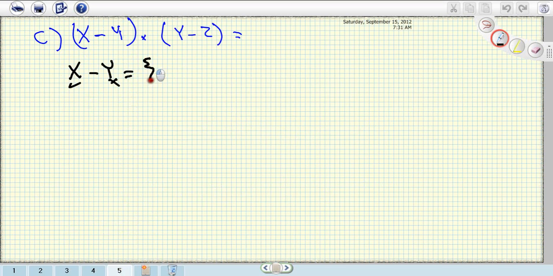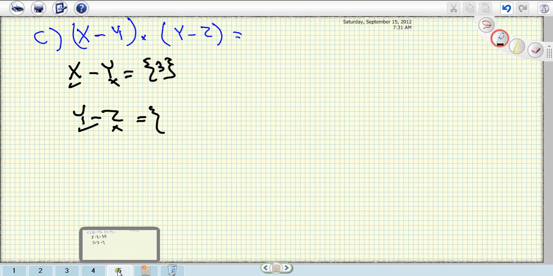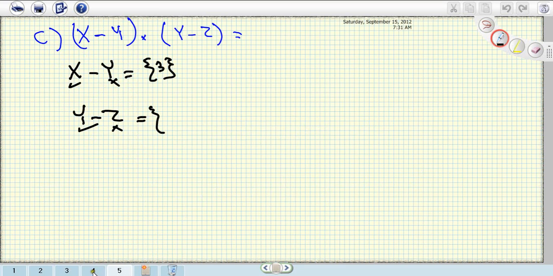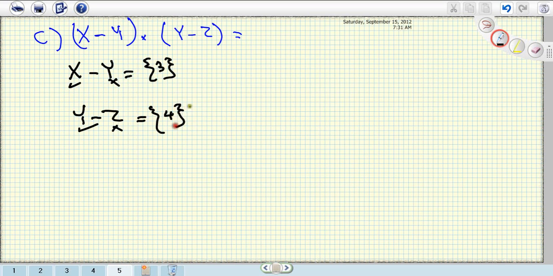I'm gonna write here 3, and y difference z, which means the elements that belong to y and don't belong to z. Let's check this page number 4. Oh yes, the elements that belong to y and don't belong to z, it's 4 only. So we have here 4. Then I'm going to write here the Cartesian product of 3 and 4. So the answer is the ordered pair 3 and 4.